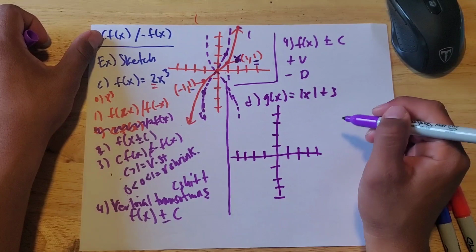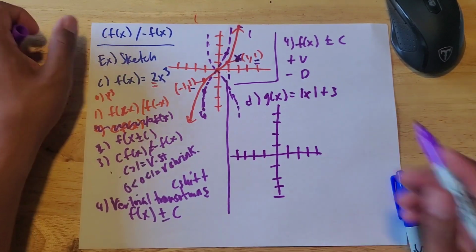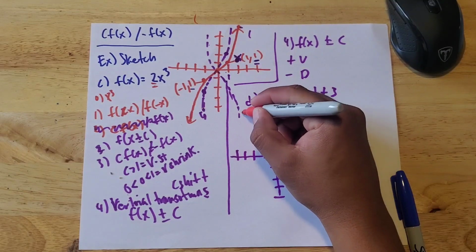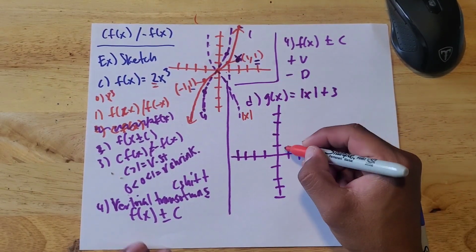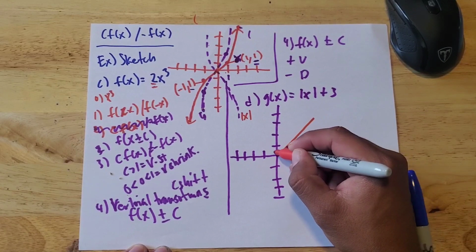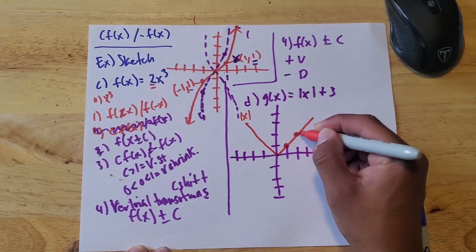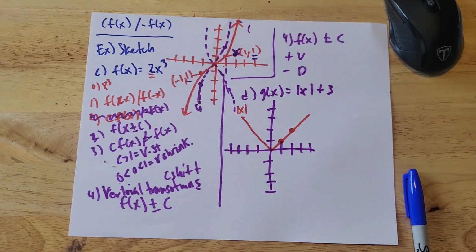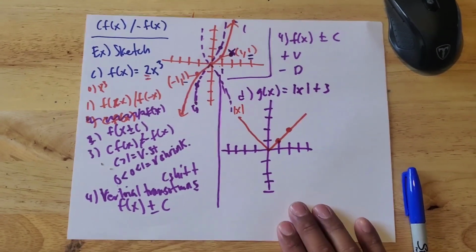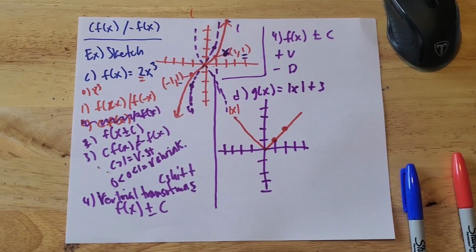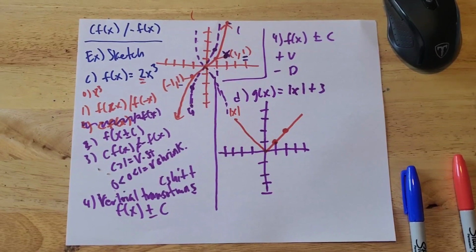So we have to be able to identify the parent function, and the parent function here is the absolute value of x, which makes a perfect v. Again, we know some points, 1, 1, 2, 2. Those are some points on that function.